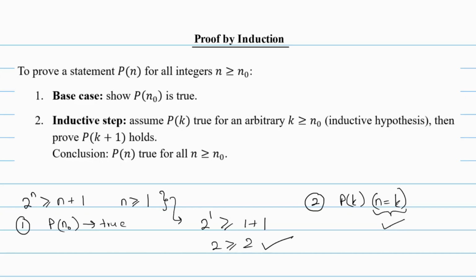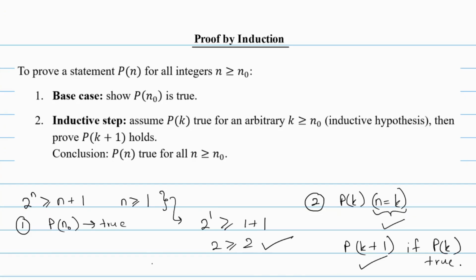We first assume that this is true and use this assumption to prove that P(k+1) is true if P(k) is true. So if we can prove that P(k+1) is also true, that means for all integers n above n0, this statement is entirely and universally true.